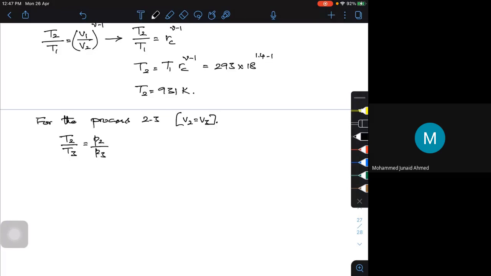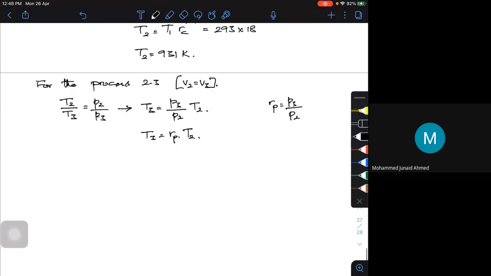So I can write T3 as the pressure ratio, that is RP, P3 by P2, into T2. The pressure ratio is nothing but P3 by P2. Therefore T3 is equal to RP into T2, and RP is given as 1.2, so 1.2 into T2, which is 931.